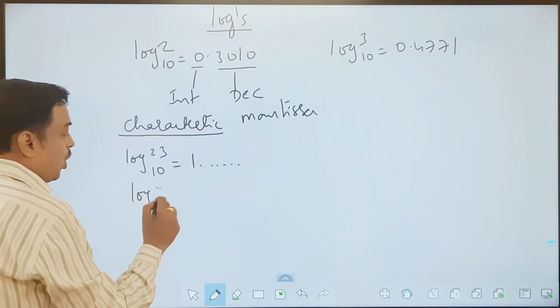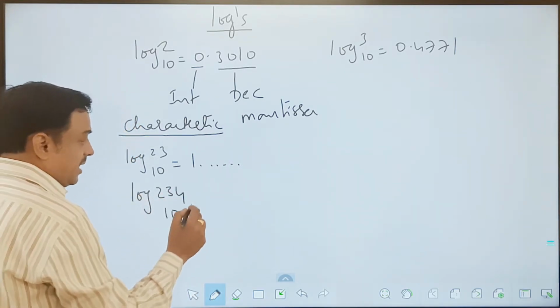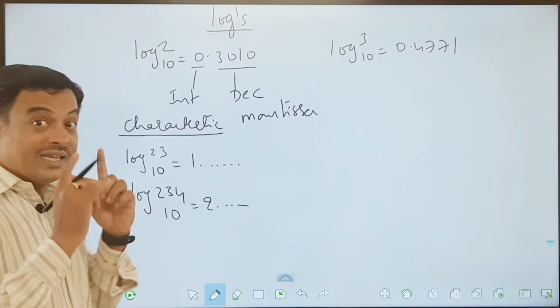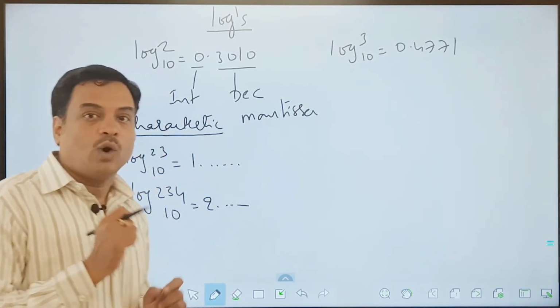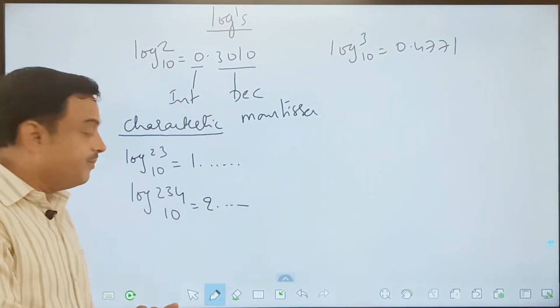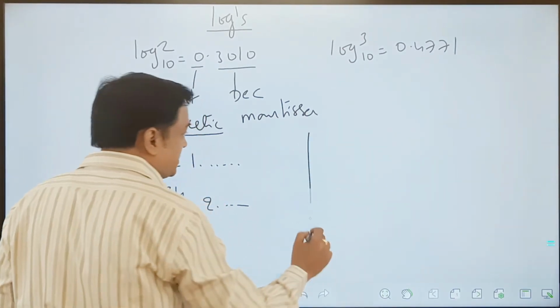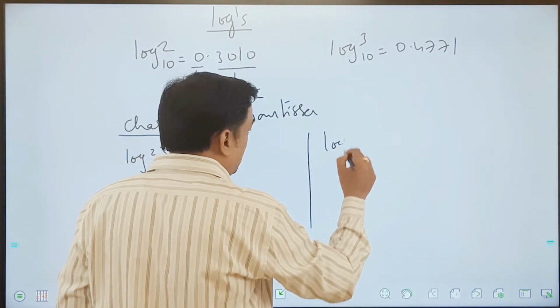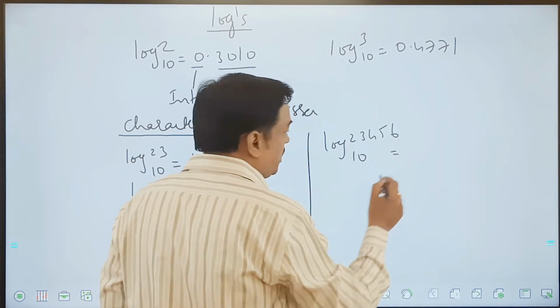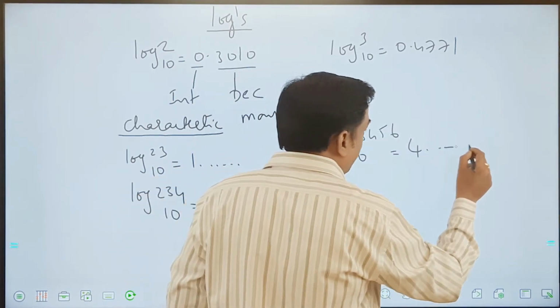Similarly, log 234 base 10 is going to be 2 point some mantissa value. Mantissa value we cannot get directly; we always need to get it by using the logarithm table. Let us see some more examples. Log 23456 base 10 is going to be 4 point some mantissa value.